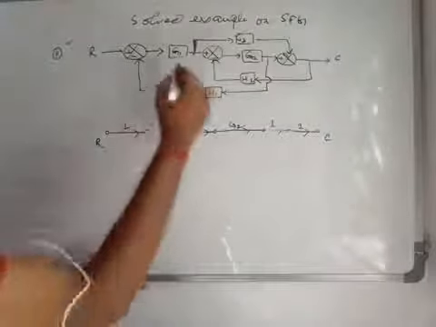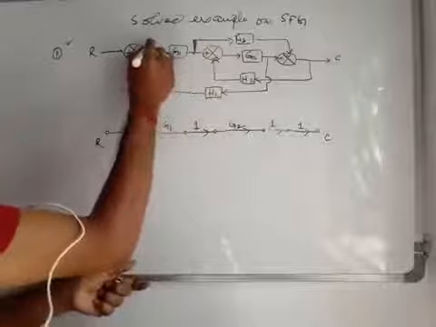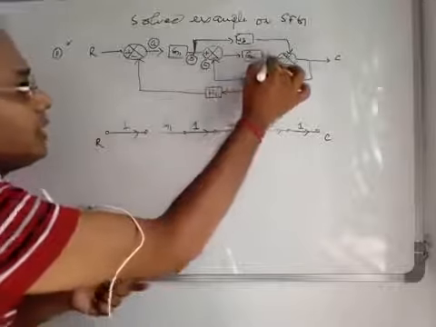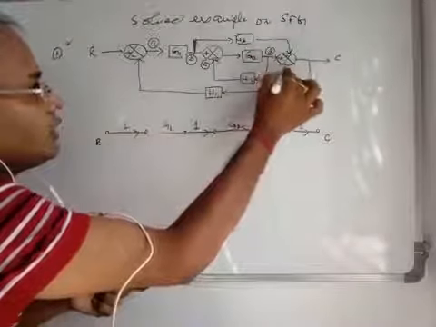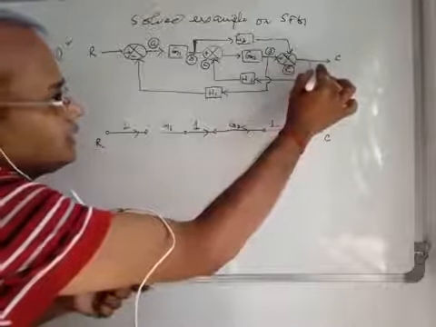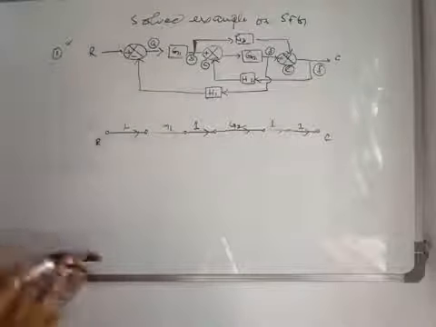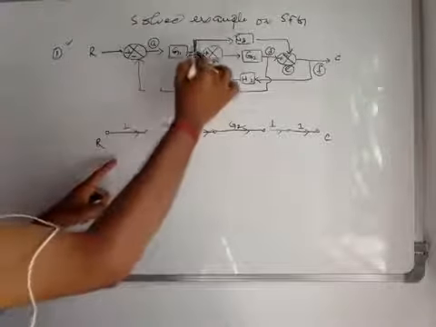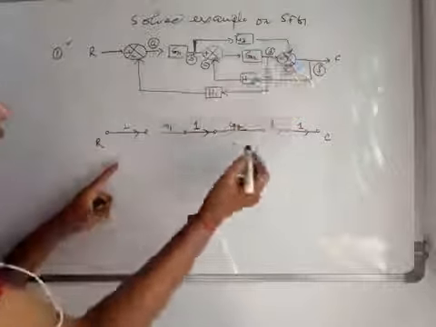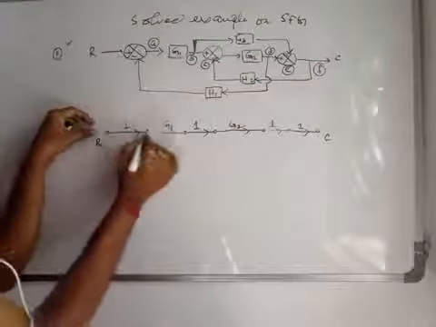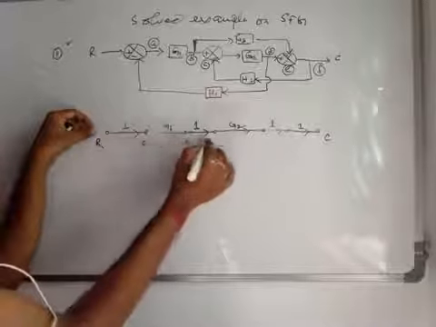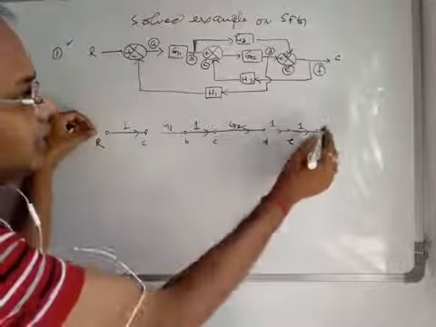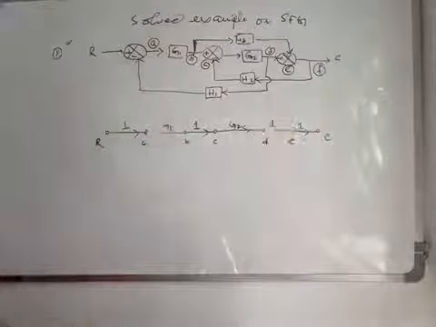So now see, maybe this is your node A, this is node B, this is node C, this is node D, this is node E, and this is node F, right? So these are the nodes we have considered here. Now, this is your R, and you may call it A, this is B, this is C, D, E, and this is your final node F, or C, we may call it.